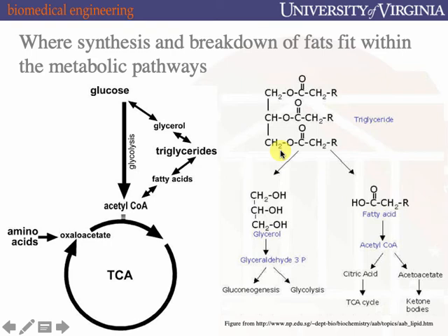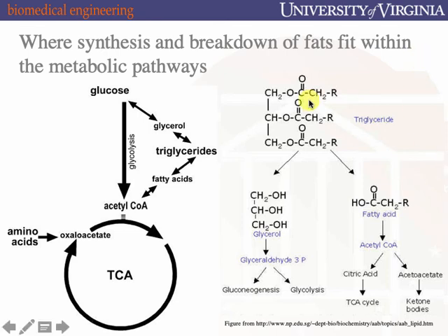Then there are diacylglycerol lipases that chop off a second one. And then there are monoacylglycerol lipases that chop off the third one, yielding the long-chain fatty acids that then are the input for beta oxidation that I showed on the preceding slide, generating acetyl-CoA molecules that can be metabolized by the TCA cycle.